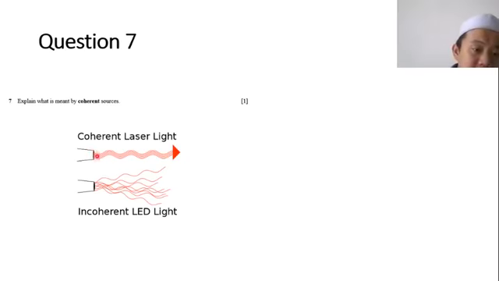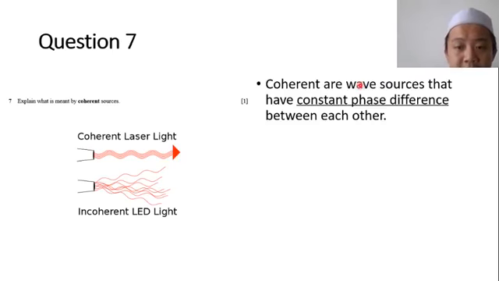So this is just a monochromatic LED, a monochromatic signal. Here it is not to say constant phase difference, it is exactly the same. But that's okay. Coherent sources are wave sources that have a constant phase difference between each other. So this is the formal marking scheme answer.